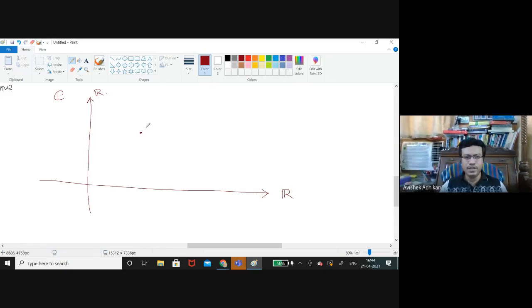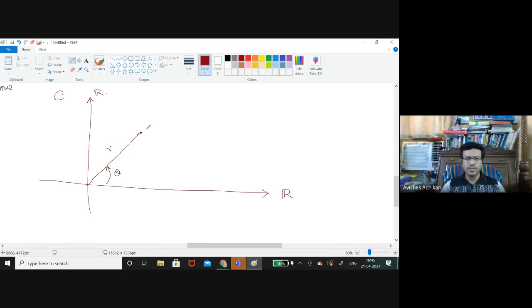How do you represent in complex a point in terms of say theta and R? Can somebody tell me what is the geometrical representation of some point in terms of theta and R? Suppose the distance from origin is r, and suppose this angle is theta. So how do you represent this point?